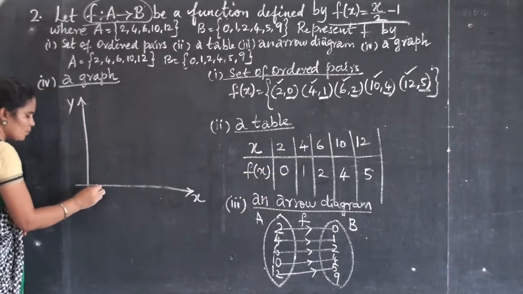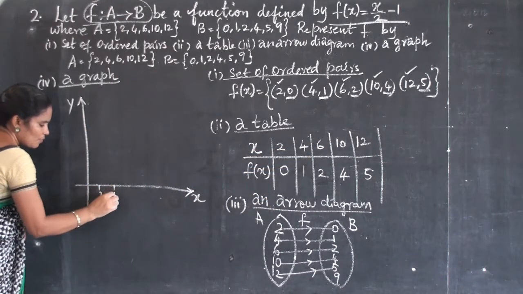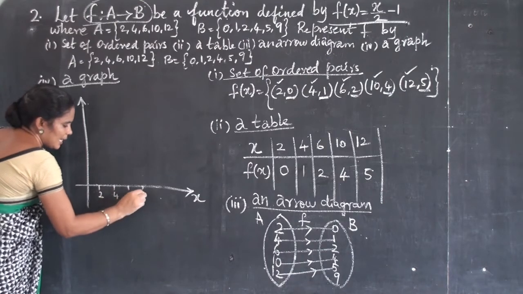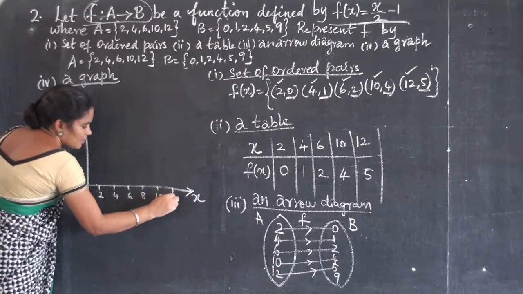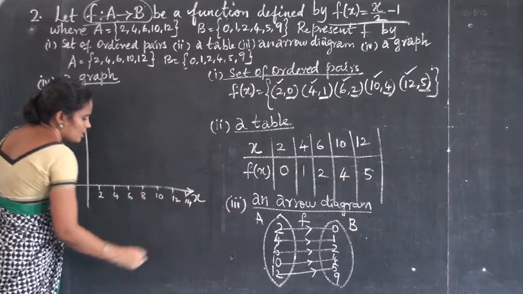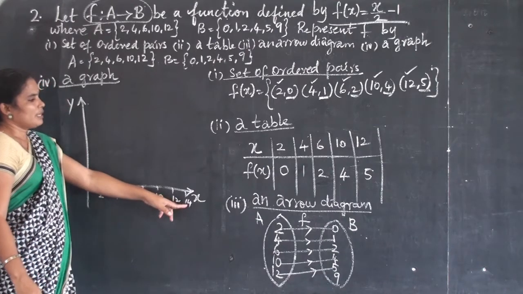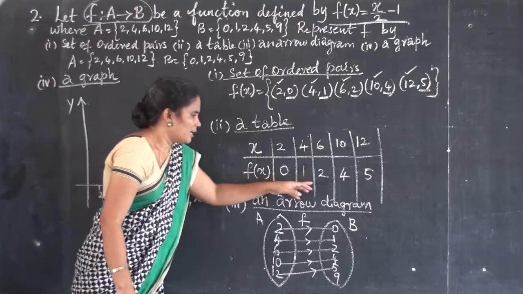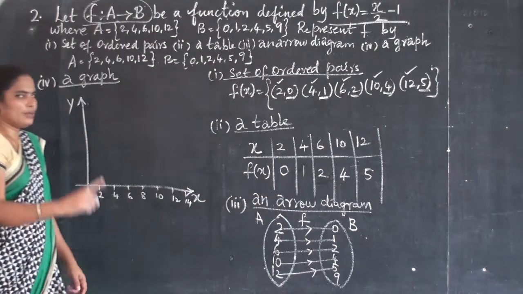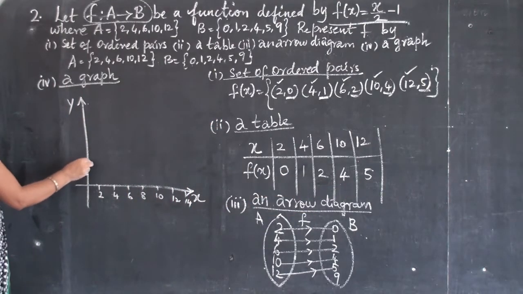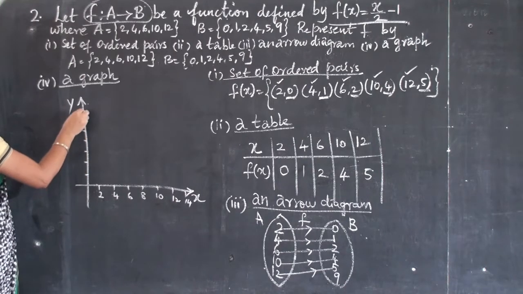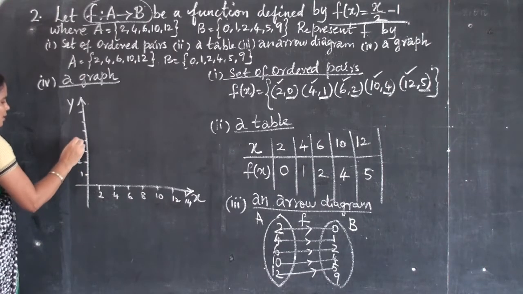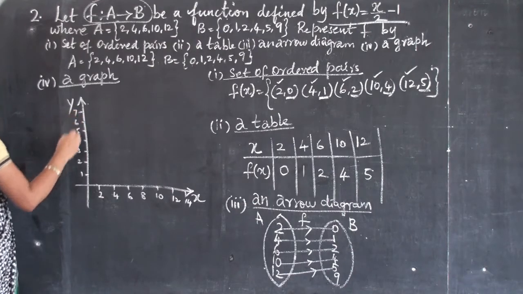So you can go with 2 units: 2, 4, 6, 8, 10, 12, 14, just up to 12 and take the next number, that is 14. In f of x, the highest value is 5. So we can go with 1 unit: 1, 2, 3, 4, 5, 6, 7.